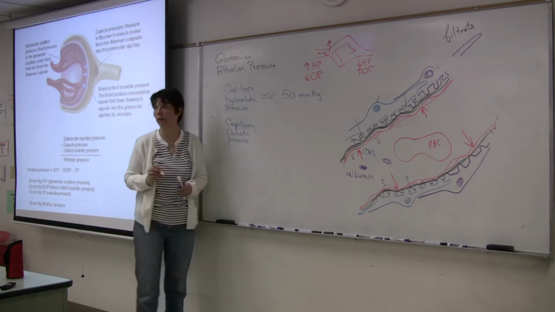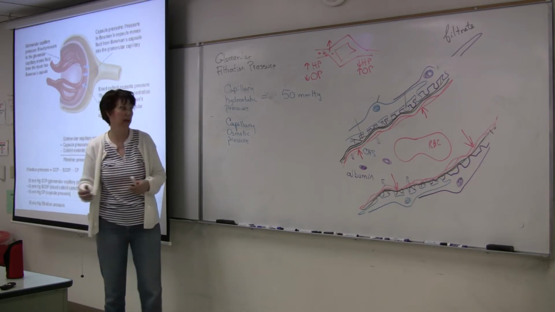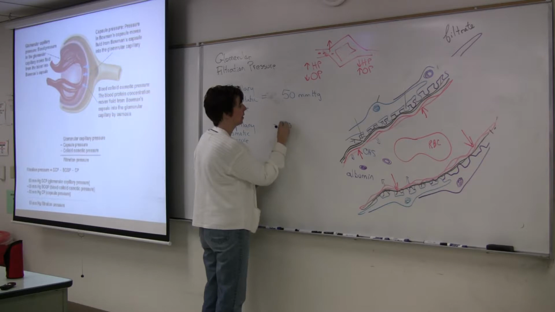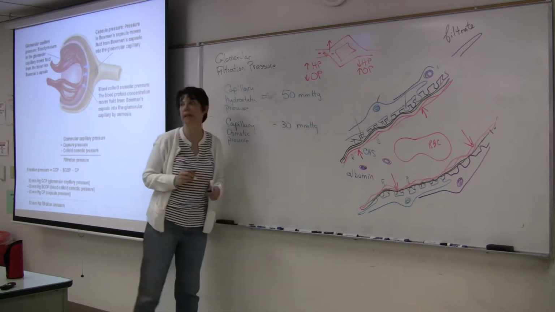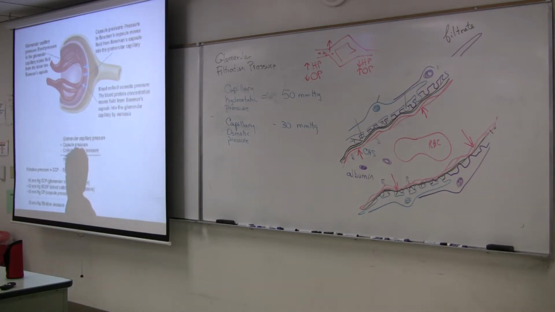And that's about 30 millimeters of mercury as an opposing pressure. So if that's all we were dealing with, we would be left with a net 20 millimeters of pressure pushing particles and fluid across our filtration membrane.